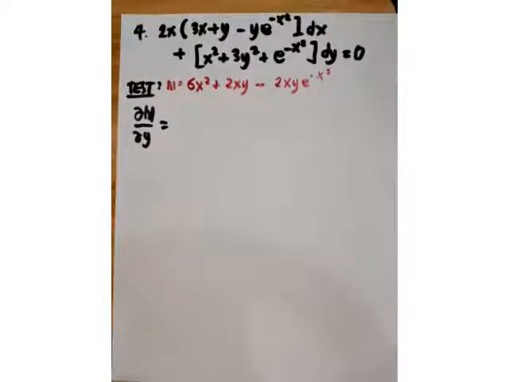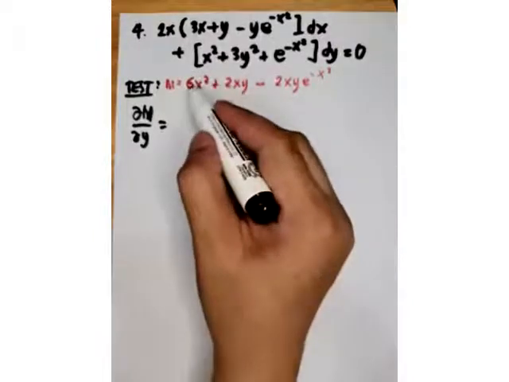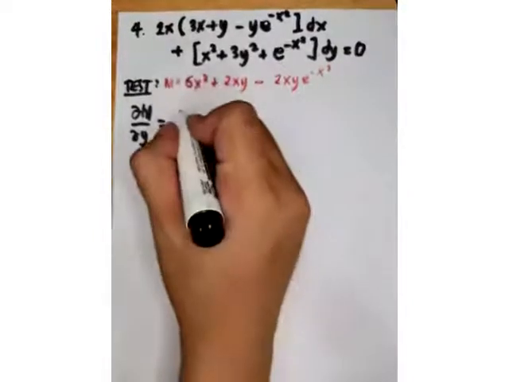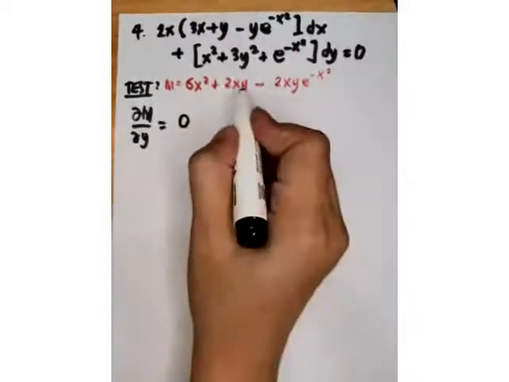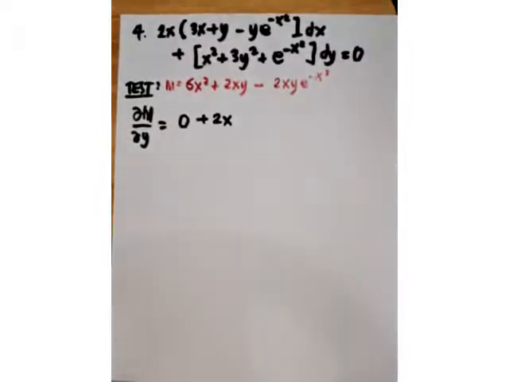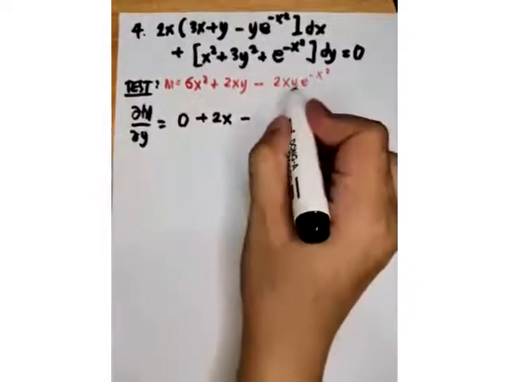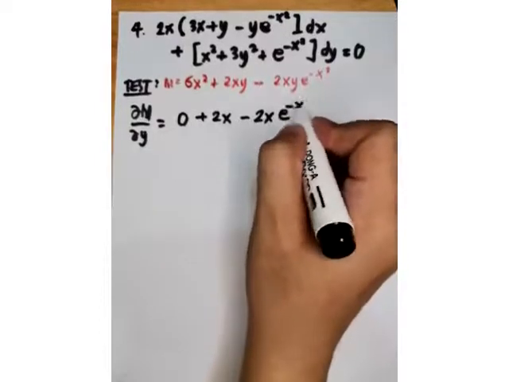Okay, so let's derive in terms of y. So that means yung mga x ay 0, constant. So halimbawa, ang 6x squared, ang derivative niya ay 0. Ito, in terms of y, so ang derivative lang niya ay 2x. Minus, ito in terms of y din, so ang derivative niya ay 2x e raised to negative x squared.